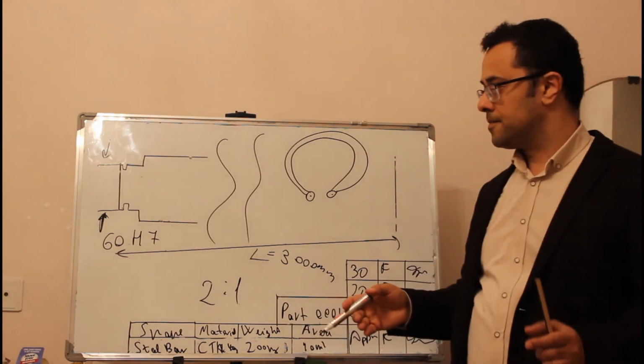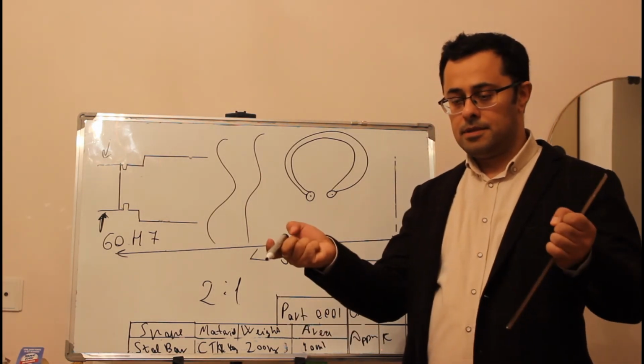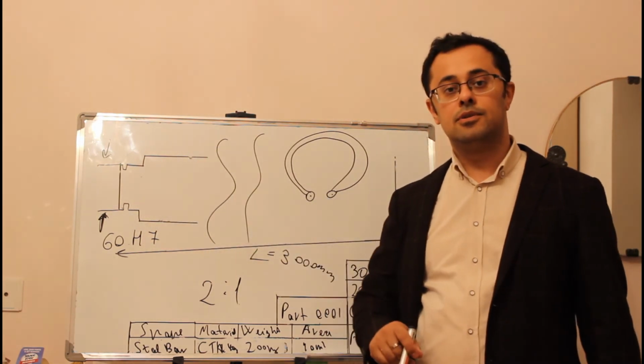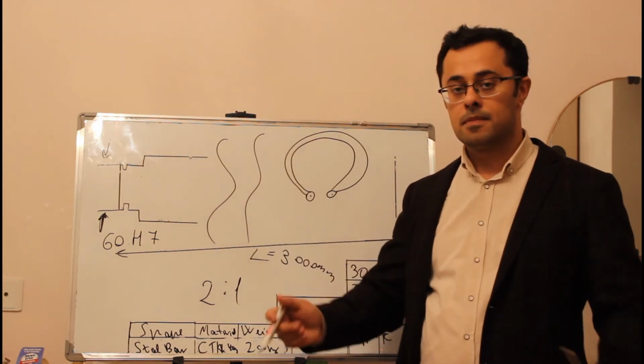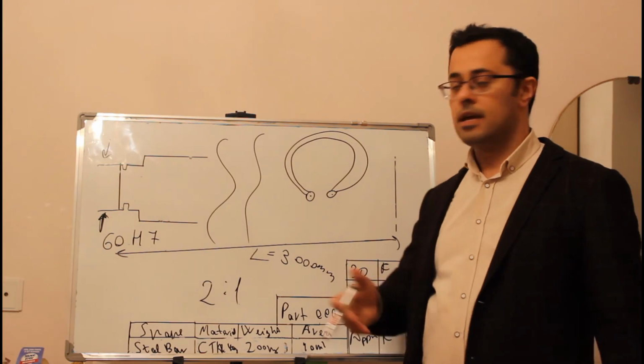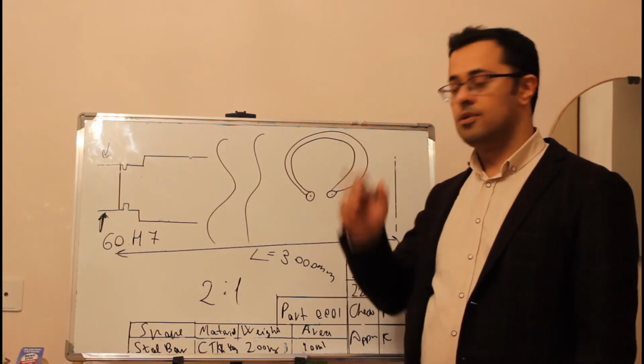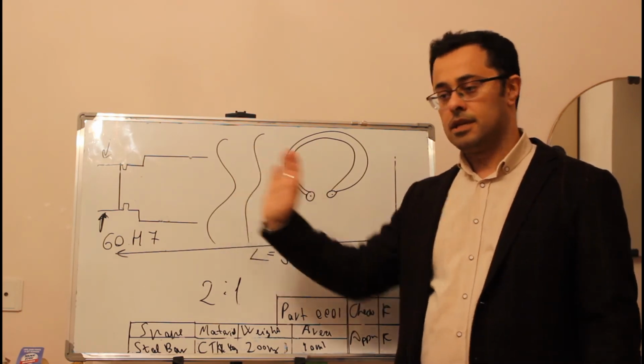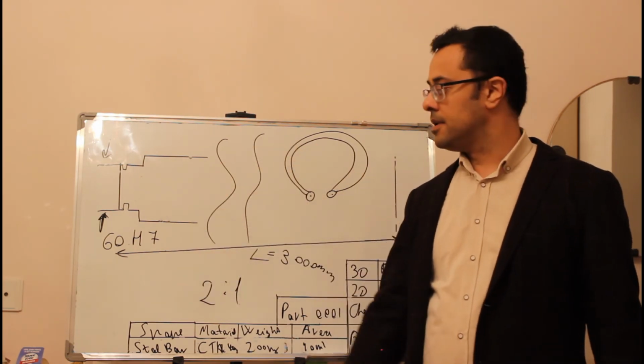This is the ring. You open it, you insert it into this groove there, and that's it. You put your ring there, and it holds the bearing. It doesn't let the bearing go up.